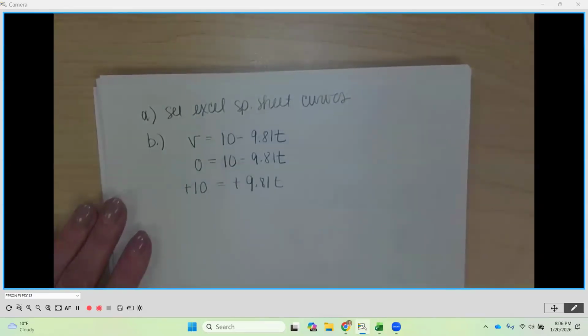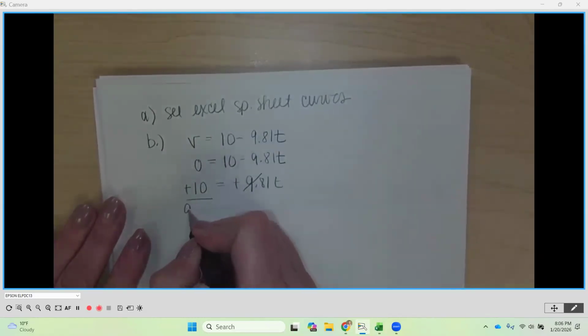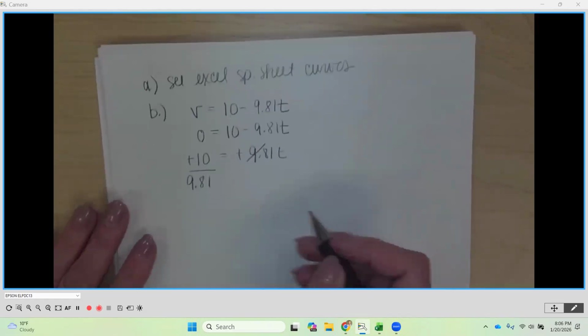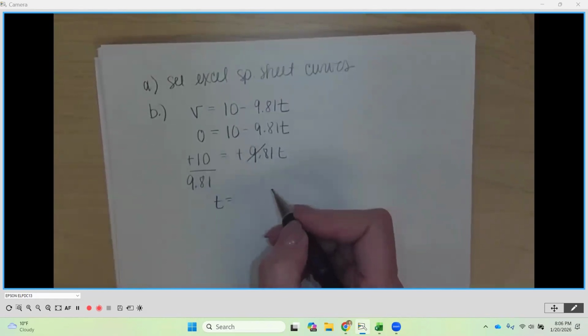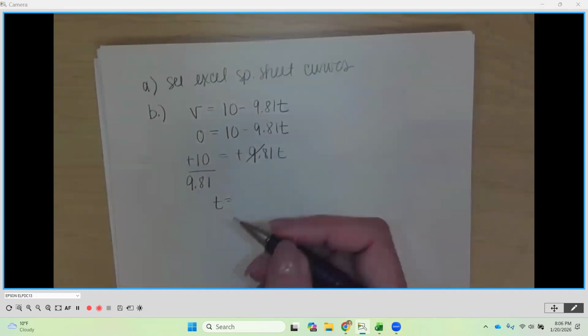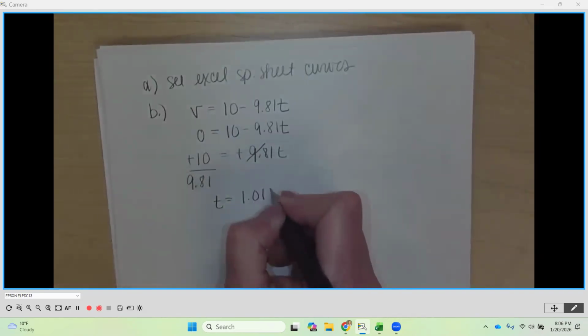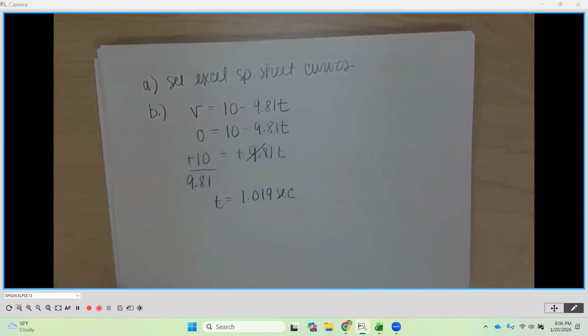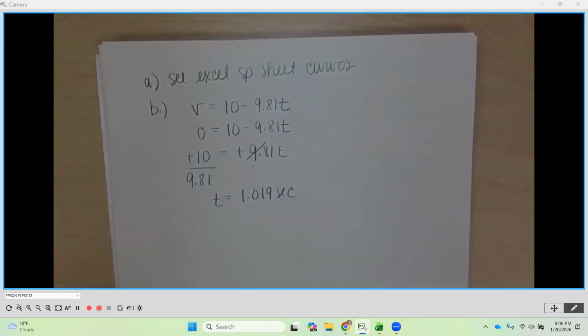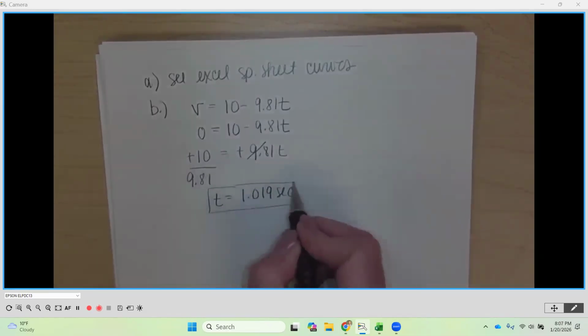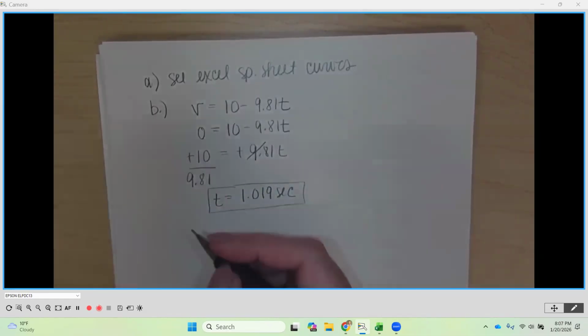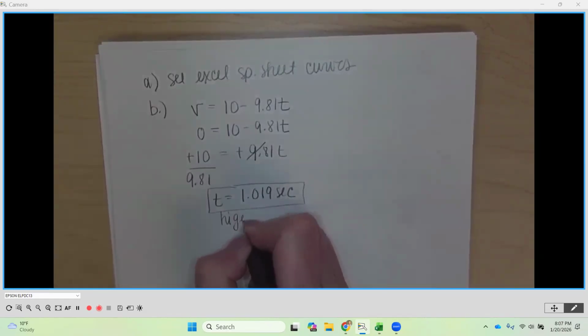These both become positive, and then we divide both sides by 9.81, and our t should come out to be 1.019 seconds. That is part of our answer, because it wanted to know the time at its highest elevation.